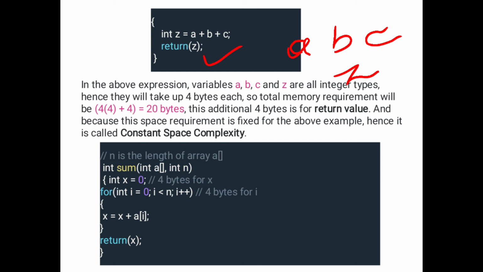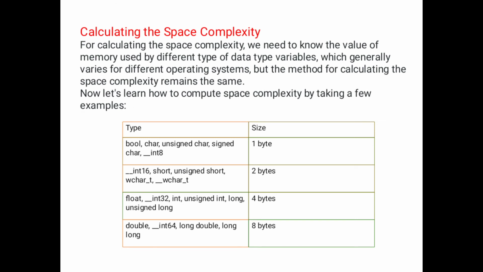So what is the total memory requirement? Listen here, the formula is 4 into 4 plus 4, which equals 20 bytes. The first 4 represents how much storage space each variable's data type uses. Here there are 4 variables, and all are of integer type, so an integer data type takes 4 bytes.